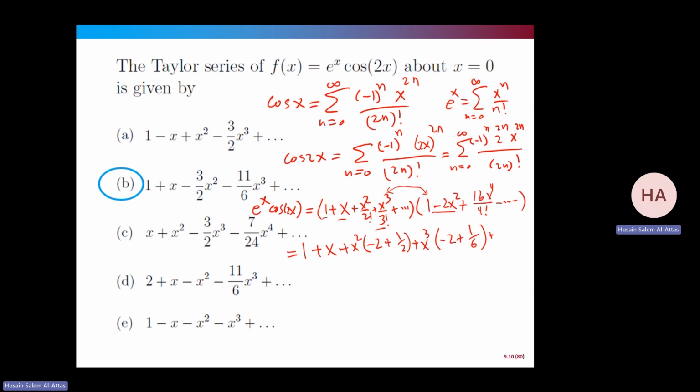Plus the rest, which is x to the power 4 times the rest. I don't care. Plus the rest. That gives me 1 plus x minus 3 over 2 x squared, minus 12 over 6 plus 1 over 6, minus 11 over 6 x cubed, plus the rest. So this will be my answer.